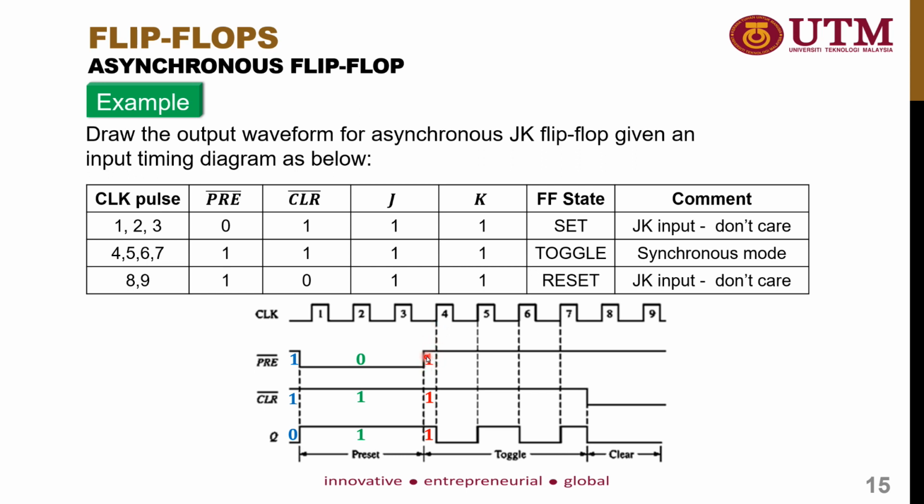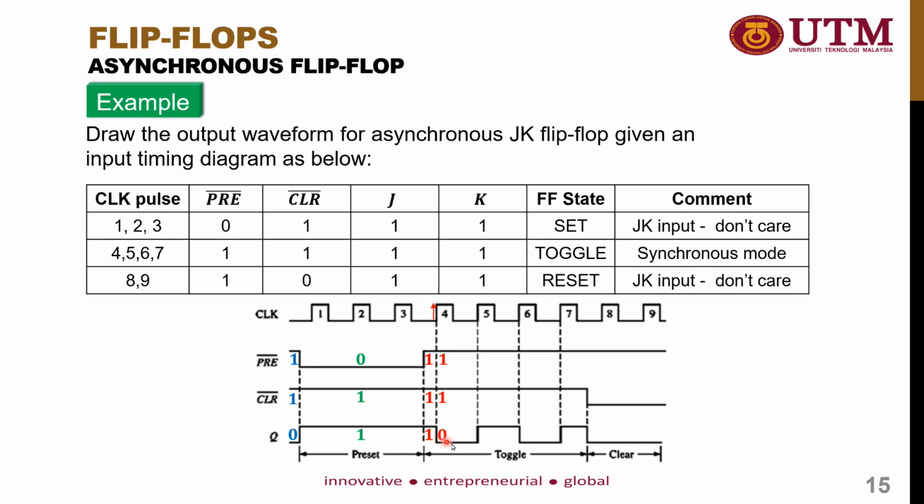After it's set to 1, the flip-flop will find where the positive edge triggered occurs. It occurs here. So it will observe the condition of PRE bar and CLR bar. It is still 1, so it is still in JK flip-flop mode. So it will make the output toggle.